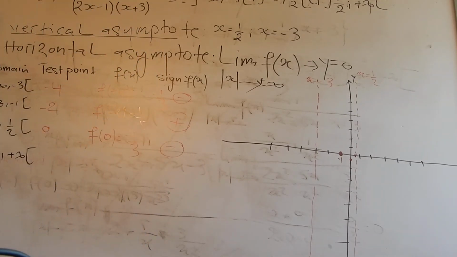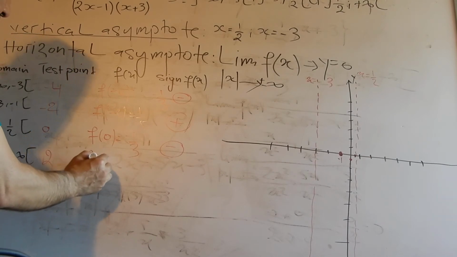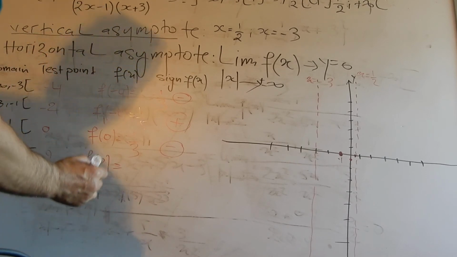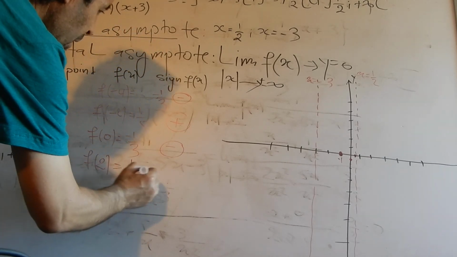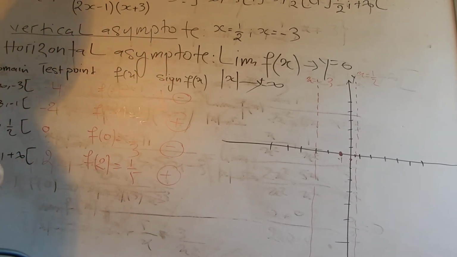The last interval is 1 over 2 to plus infinity. I'm going to pick the number 2 and calculate f of 2, replacing x by 2. I get 1 over 5, which means the sign of f of x is positive.